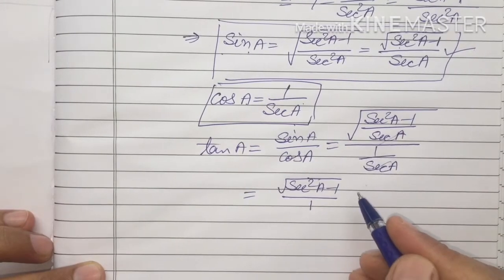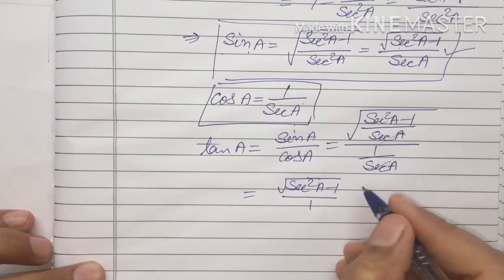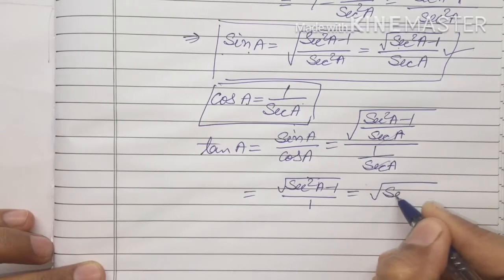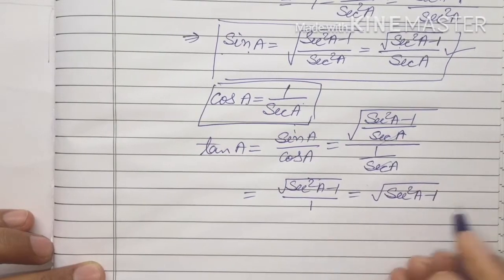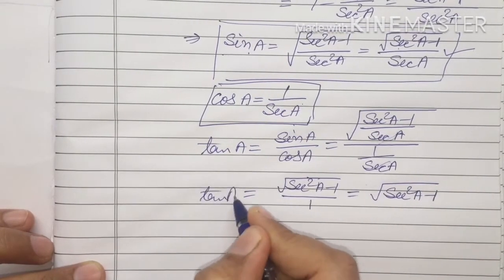The secant will cancel in the denominator part, so the answer is root secant square A minus 1. This is for tan A.